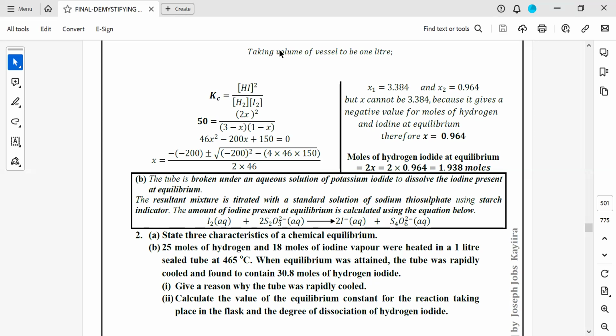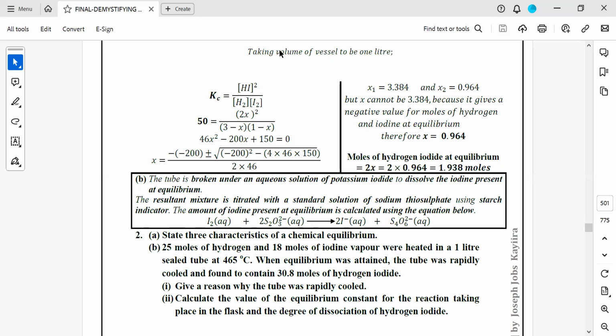So we said these reactions, first of all, are reversible. The temperature should be constant and the experiment should be carried out in a closed system. So you realize that even when we're explaining the experiments, they were always talking about breaking the tube in a closed system to maintain the equilibrium.